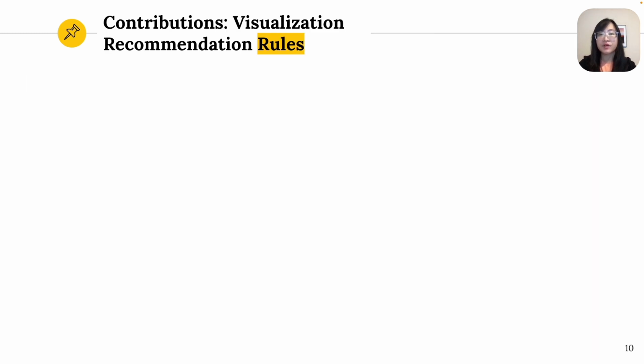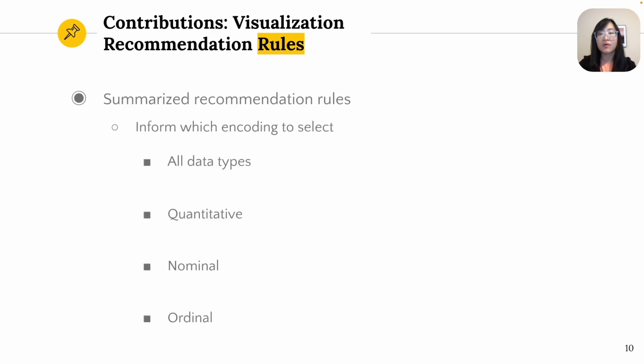Besides recording graphical perception results in a consistent format, we also synthesize rankings across different visualization designs and summarize recommendation rules which system designers or even visualization designers can use when designing their own systems or visualizations. Our rules can inform which encoding to pick.